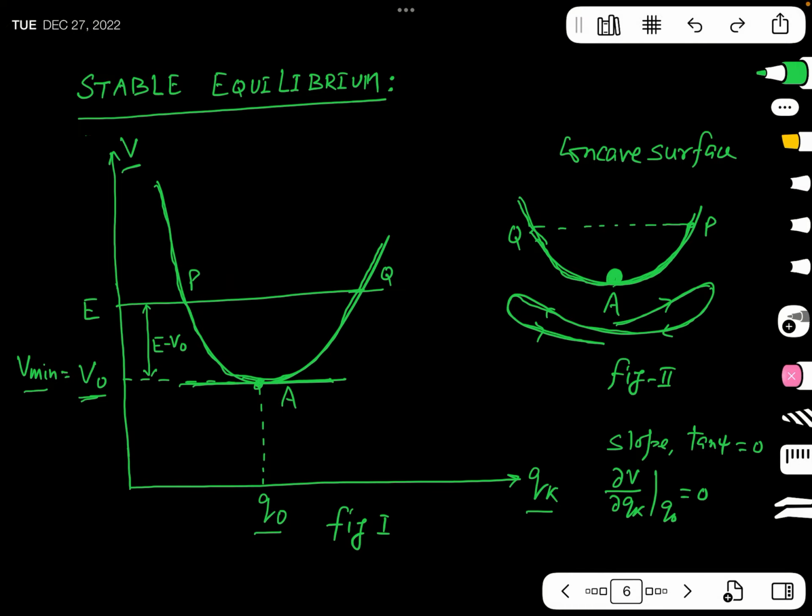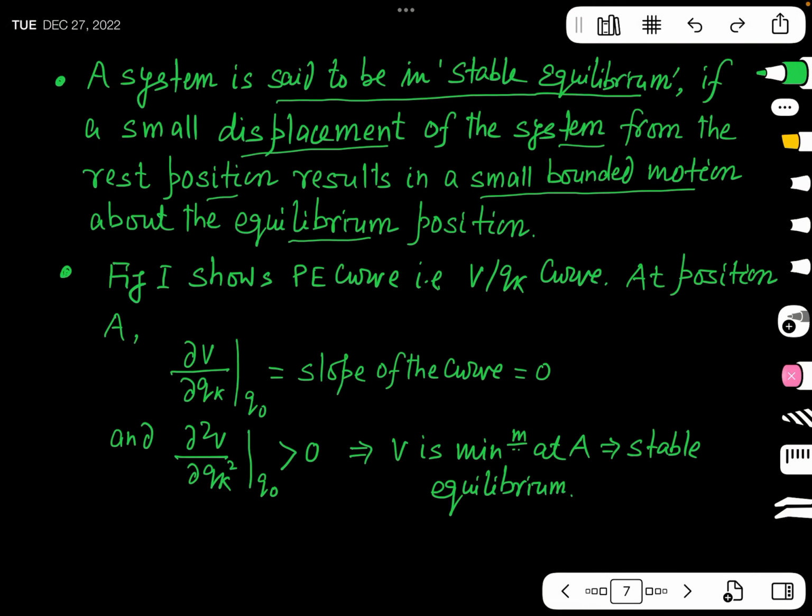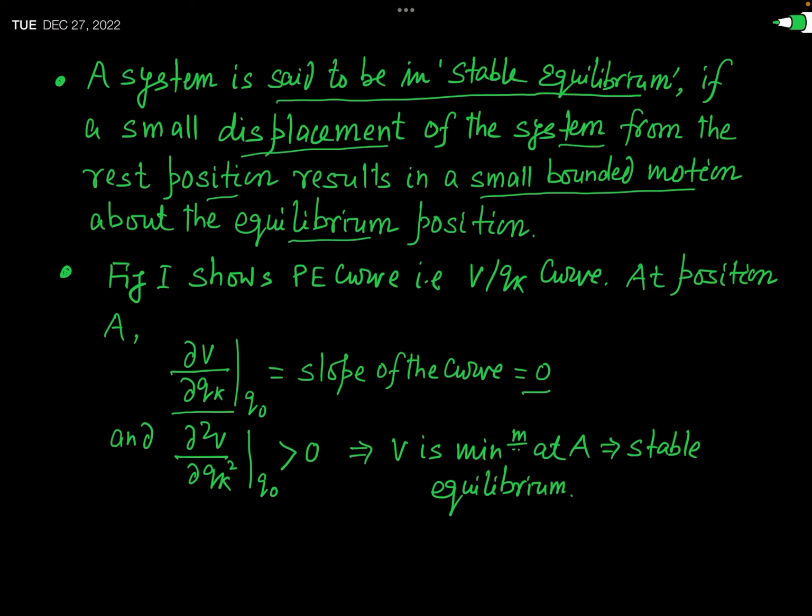I have mentioned it here: at point A, the slope of the curve is equal to 0, and the second order derivative is greater than 0. And if the second order derivative is greater than 0, that means what? You have definitely studied the condition of maxima and minima. By this condition, V is minimum at point A, and this corresponds to the stable equilibrium.